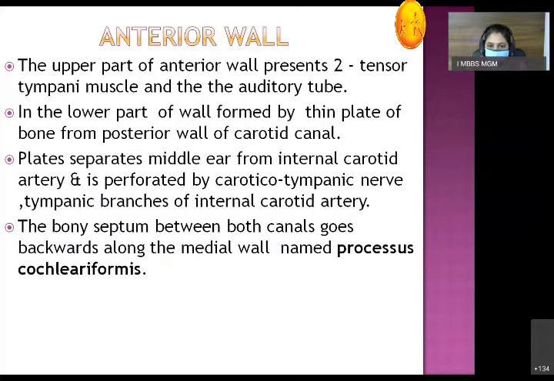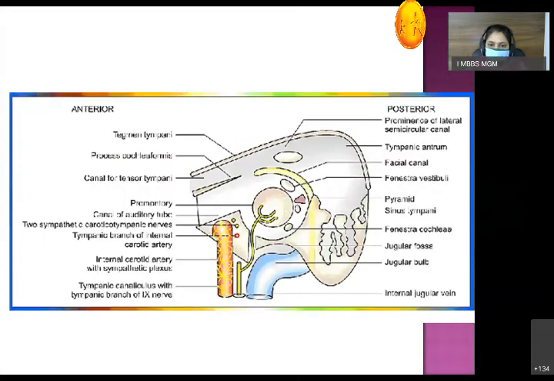which forms the posterior wall of the carotid canal. So, if you see this figure, in the lower part of the anterior wall, it is formed by the thin plate of the bone which forms the posterior wall of the carotid canal.